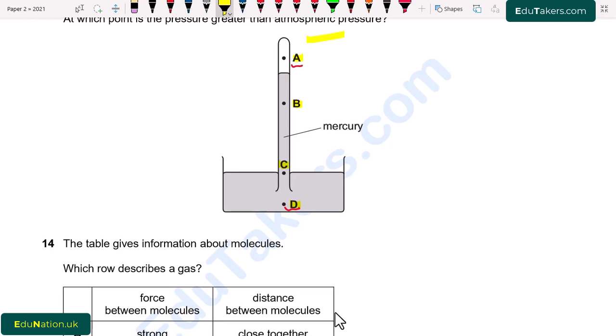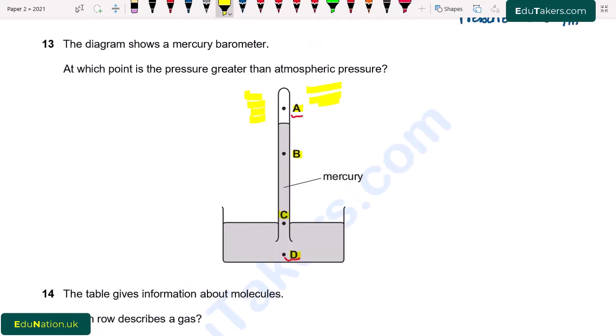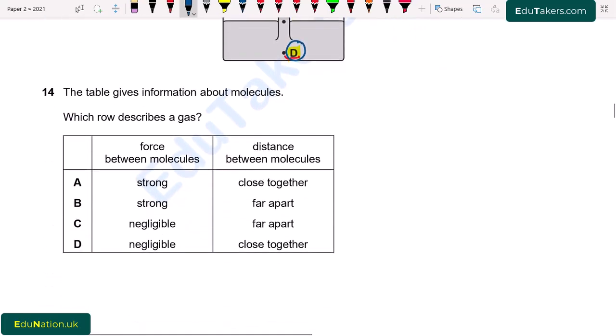Atmospheric pressure is basically due to the atmosphere. So at point D, pressure will be greater than atmospheric pressure because here total pressure is equal to the sum of pressure due to the liquid plus atmospheric pressure. So here D option is correct. At point D, pressure is larger as compared to atmospheric pressure.